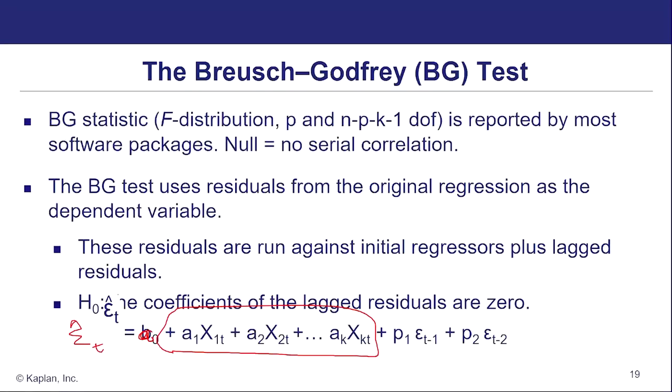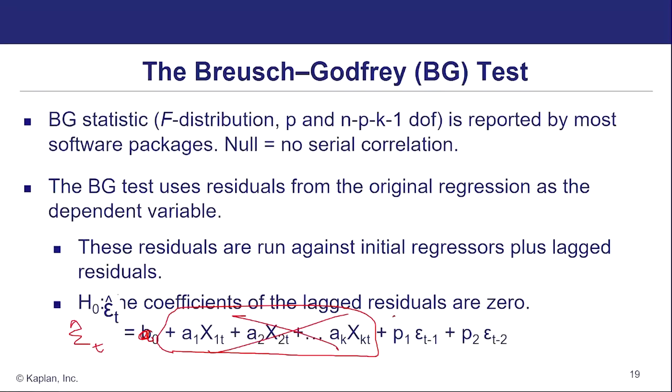And instead of betas, I have a's, because I recognize obviously the slope coefficient in this model is going to be different than the slope coefficient I got when I ran with the actual dependent variable. But that is not something of my concern.